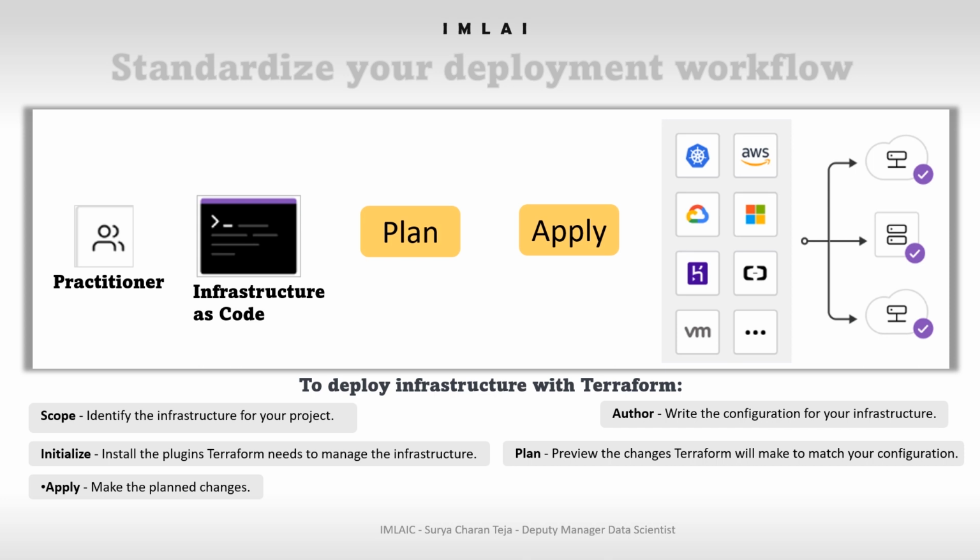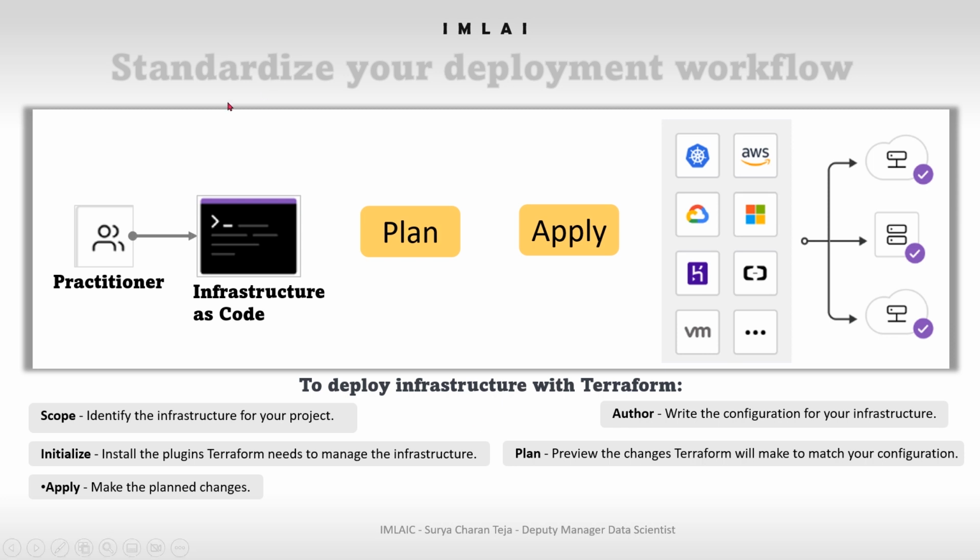So to deploy infrastructure with Terraform, the following is the flow that normally we follow, that you can see on the screen step by step. The first one is scope. What is scope? Scope is to identify the infrastructure for your code, for your project.